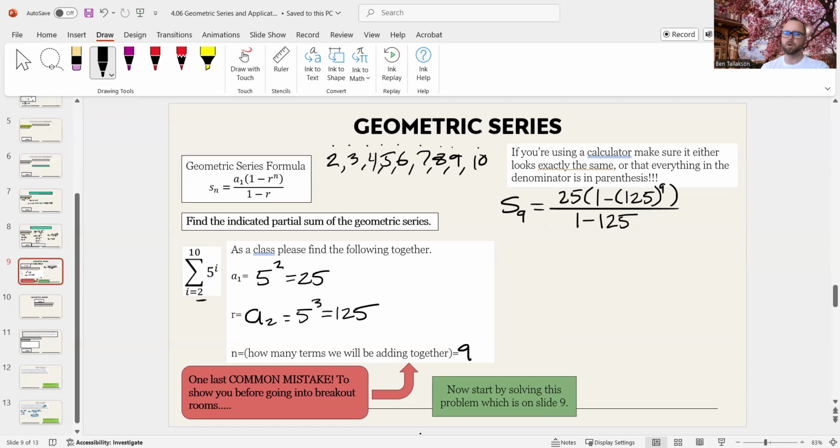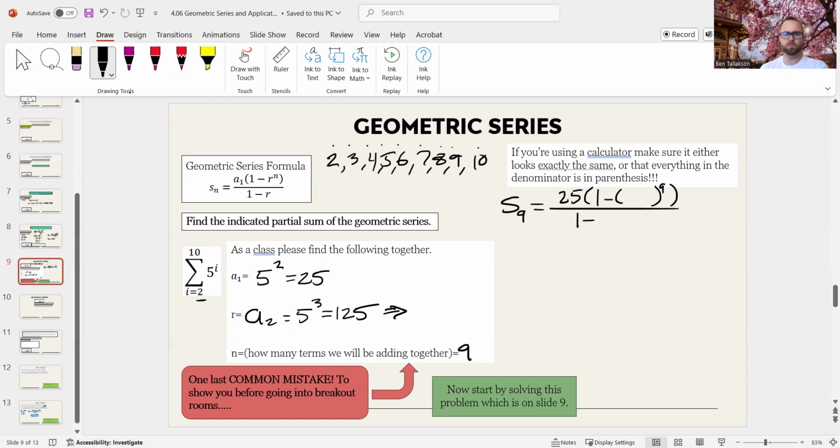R is not 125. I'm glad I double checked that. And I'm actually glad I made that mistake because a lot of people will probably make this mistake. What were we doing here? We were finding a sub 2. That is not R. I was finding a sub 2 so I could start to write my list.